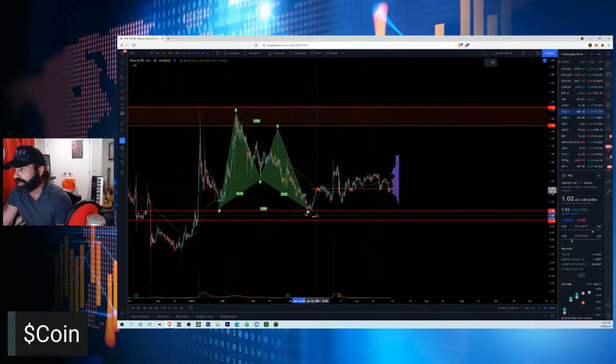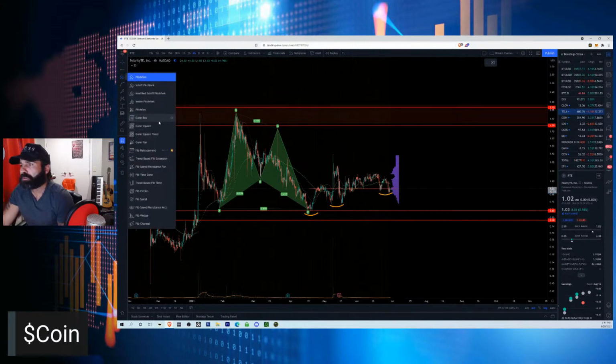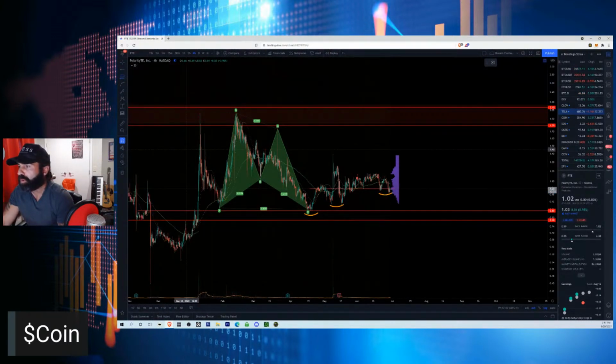But if you look, what we keep doing, if I can get my little drawings correct here, you got 1, 2, every time we do come back down so far, we've been making higher lows, which would imply accumulation. More market participants are buying and holding this asset.